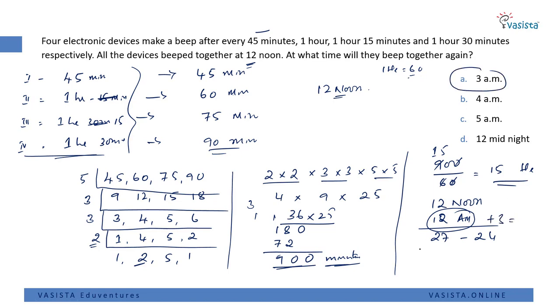Or otherwise, 12 plus 15 is going to be 27, minus 24, per 1 day is 24 hours, right? 27 minus 24 is going to be 3. It starts from 12 noon, so 12 AM plus 3, that is 3 AM is the answer.